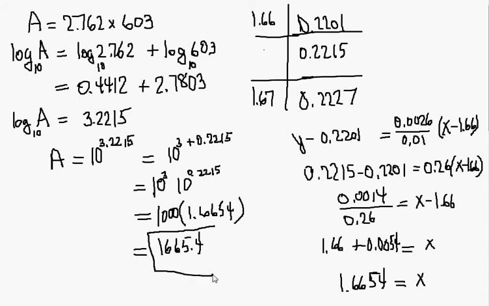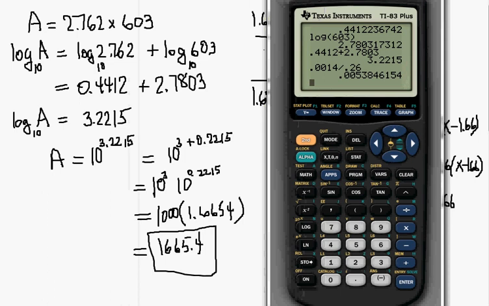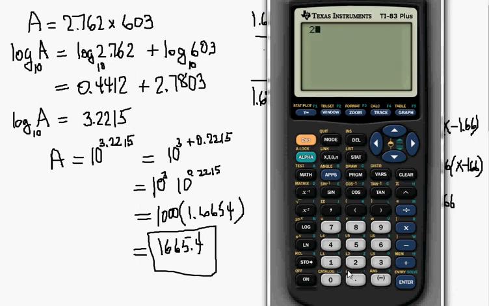Now let's actually check this with a calculator and see how we did. First off, before I check the original problem, 10 to the 3.2215, if I simply do that on the calculator, I get 1,665.3. I got 1,665.4 using the estimation technique.